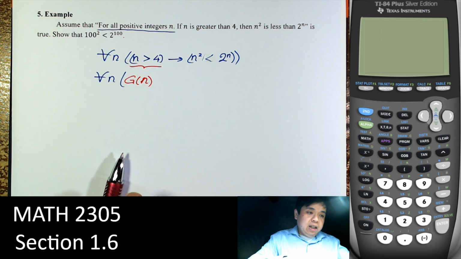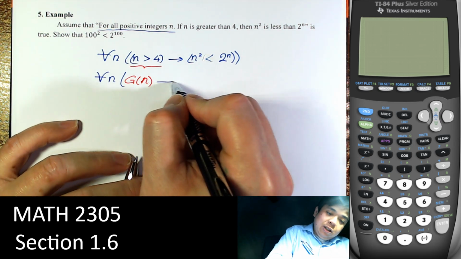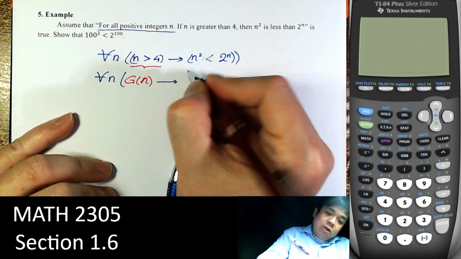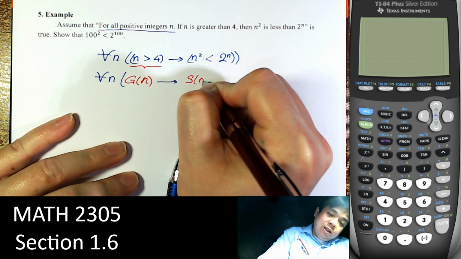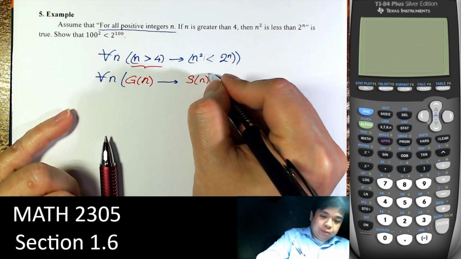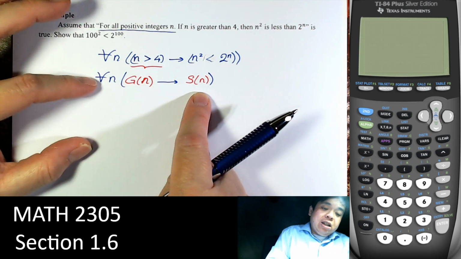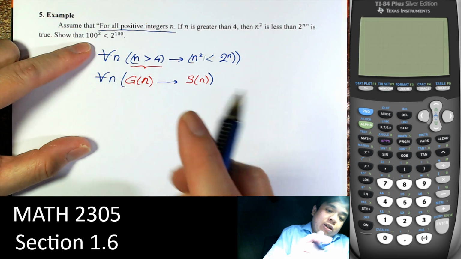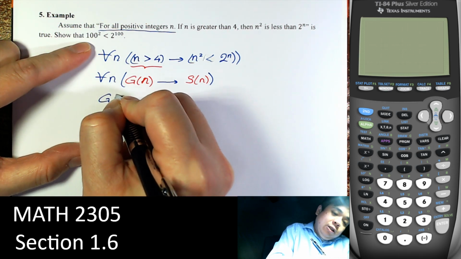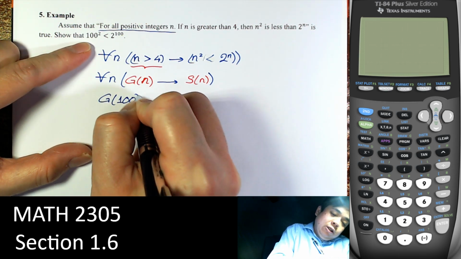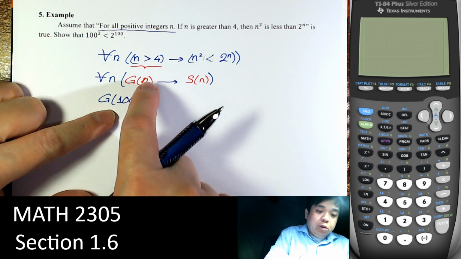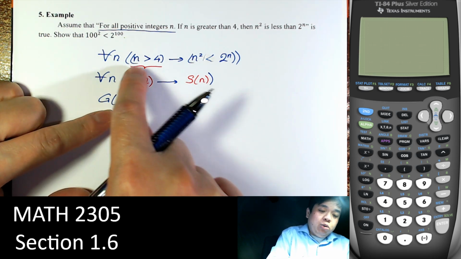If this is the case, then this statement, let's call that S, is true. Now we have 100. And this is true, of course, if you define G of n as n greater than 4.